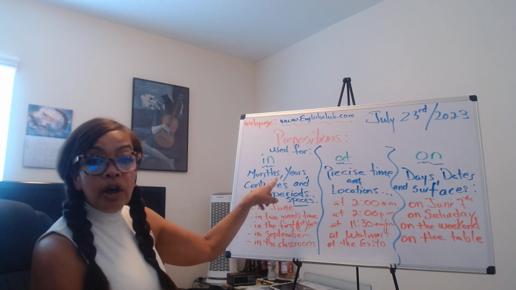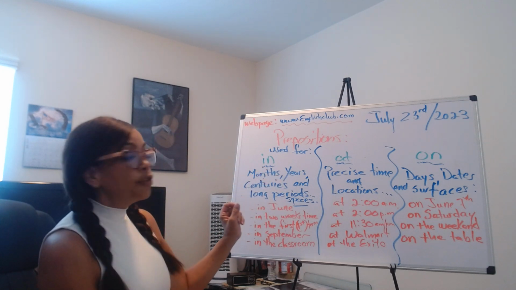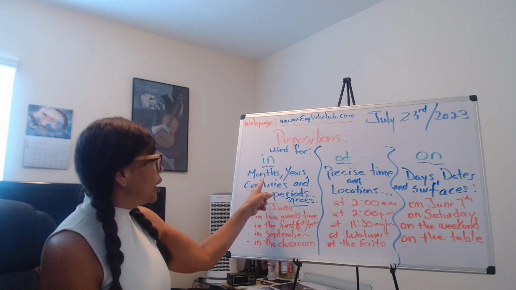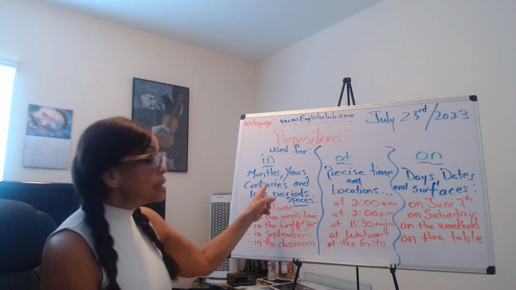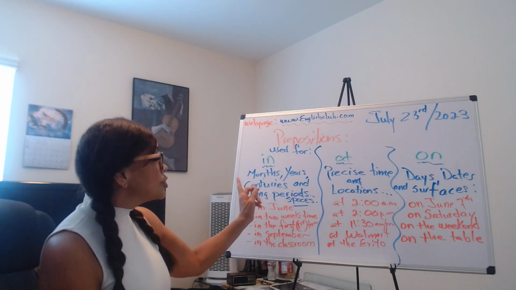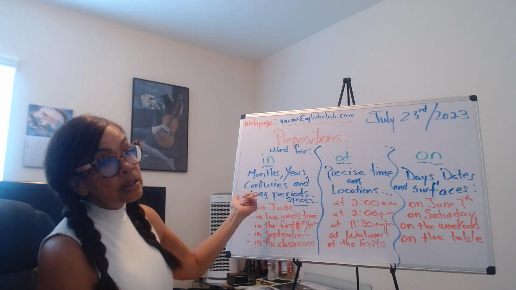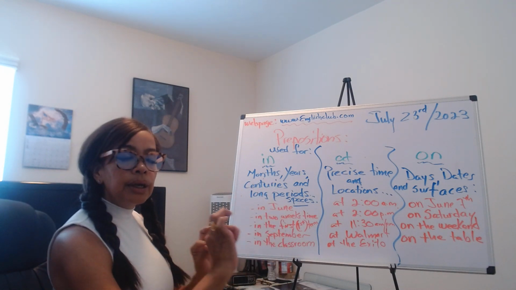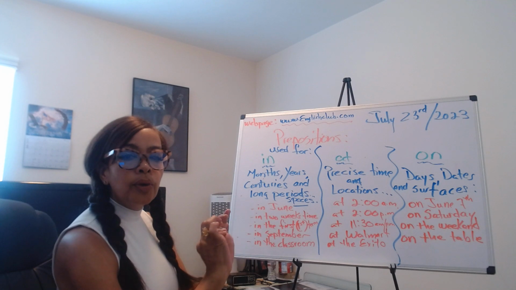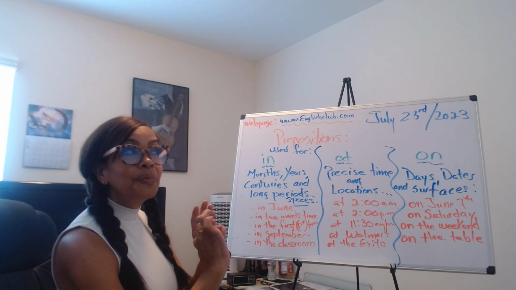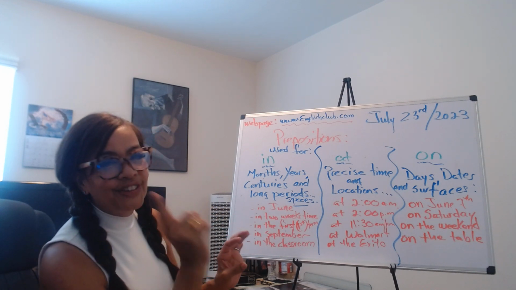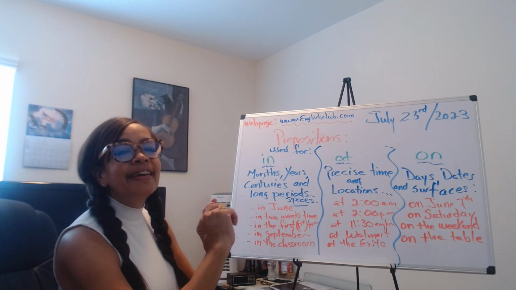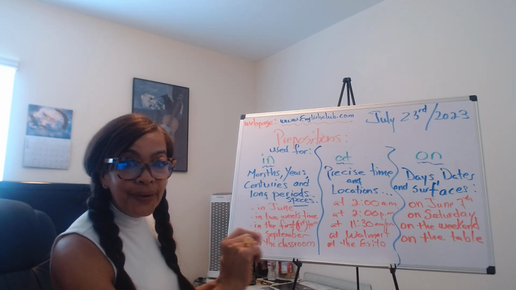So we use in, for example, when we're talking about months, meses, years, años, centuries, siglos, and long periods, un periodo de tiempo largo. It's very difficult for me to say.